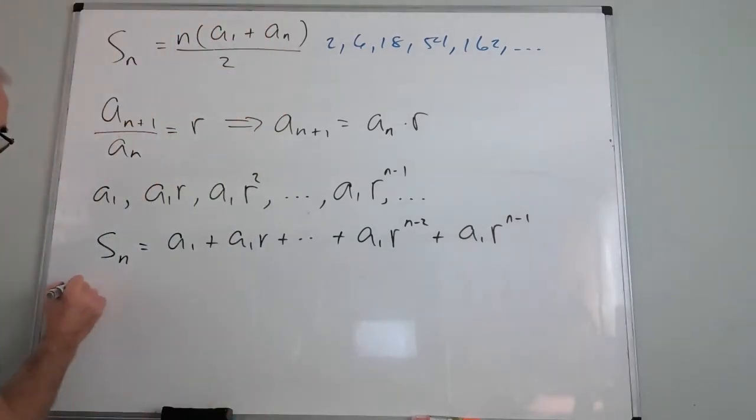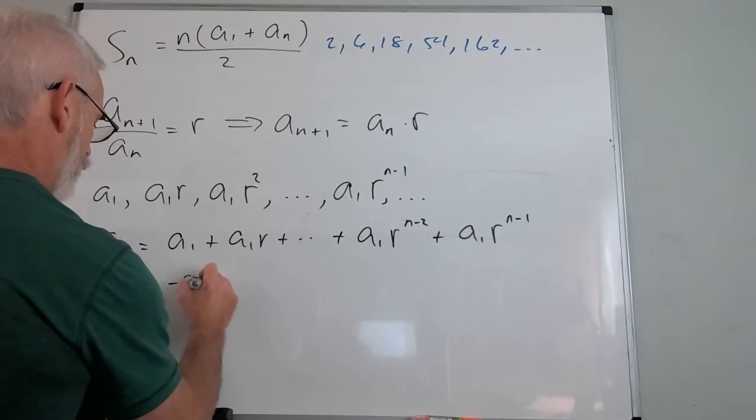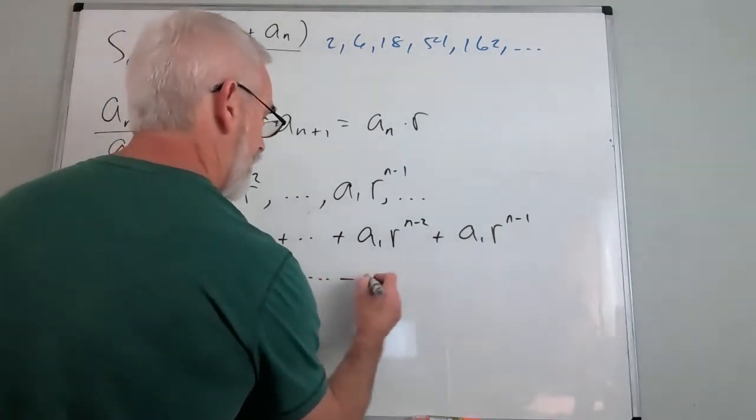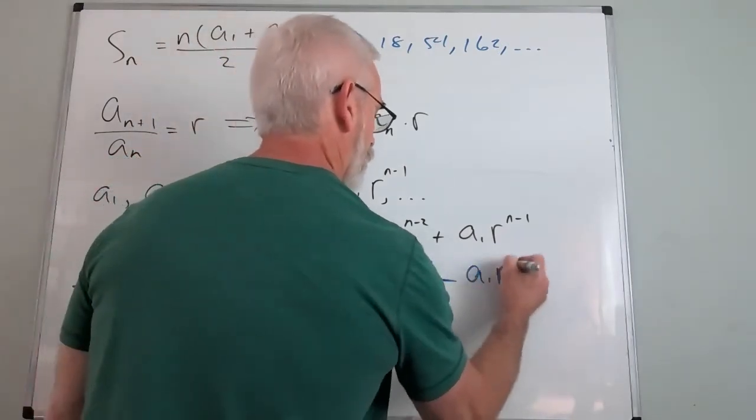If I take negative R times Sn, what would that be? It would be negative A1R, negative A1R squared, and so on, negative A1R to the n minus 1, negative A1R to the n.